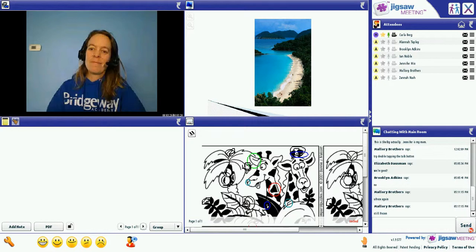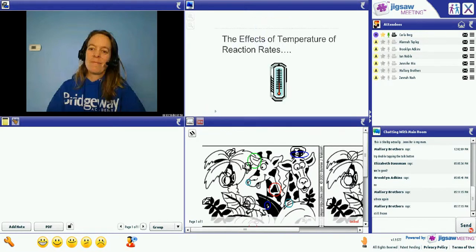Today, when we are doing our investigation, you are going to have to pay attention to some observations. What we are going to do today is a lab, an activity that uses Alka-Seltzer, hot water, and cold water. So what I'd like everyone to do right now is take a minute and go get some hot water.